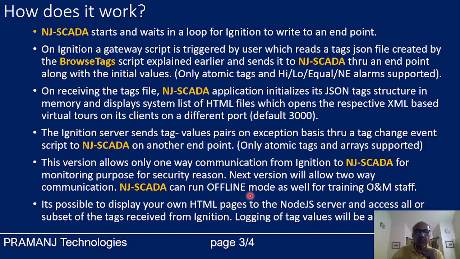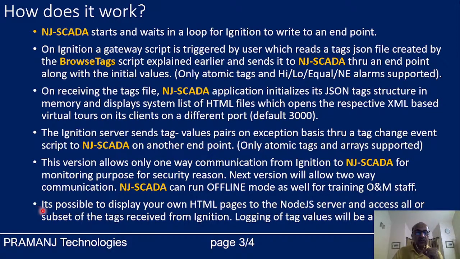It can be just a virtual tour of the plant, and you can define some context sensitive help on the virtual tours and some videos for training the O&M staff. They can familiarize themselves with how the plant looks by taking the virtual tour using this offline mode of NJ-SCADA.